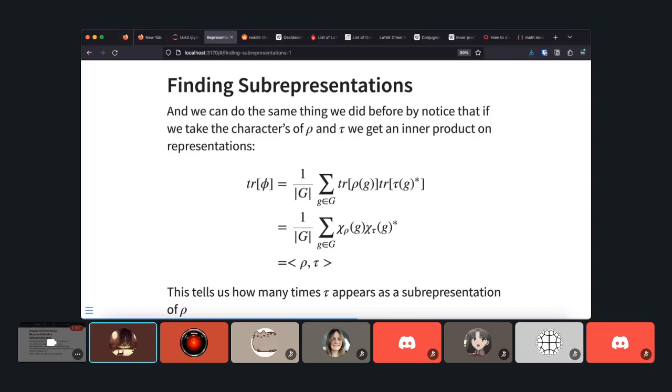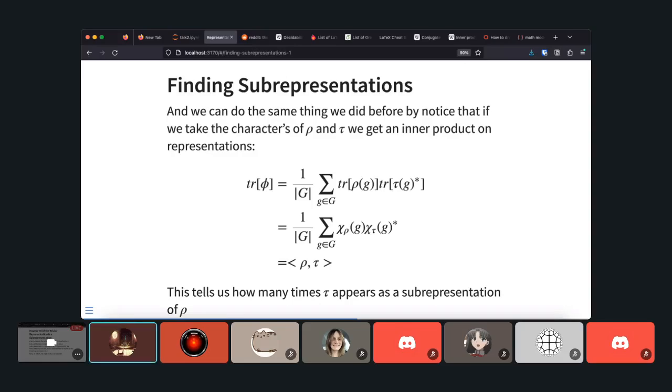Say that tau has more dimensions than rho, and this inner product is a positive number, then rho is a subrepresentation of tau. Well, wait, one sec. Let me think about this.